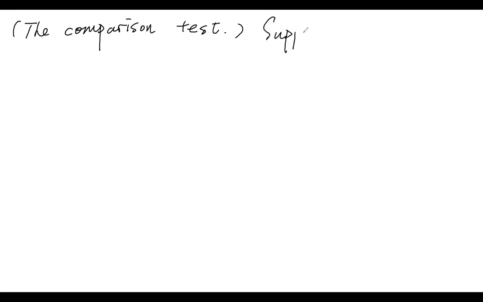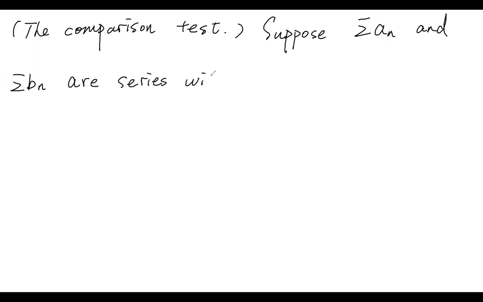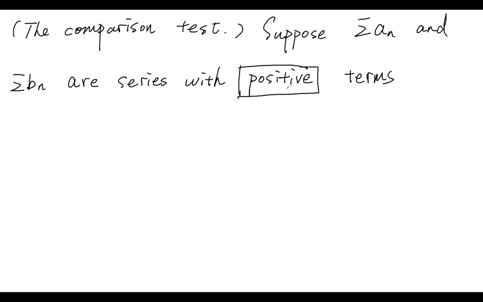Suppose we have 2 series, one is An and the other one is Bn, and both are positive series, which means all the terms in the series are positive. The condition of positivity is important for the comparison test.